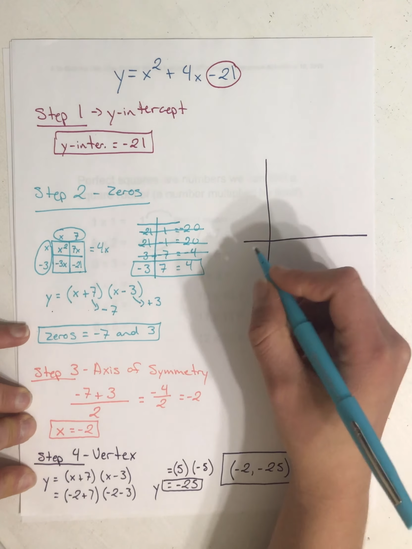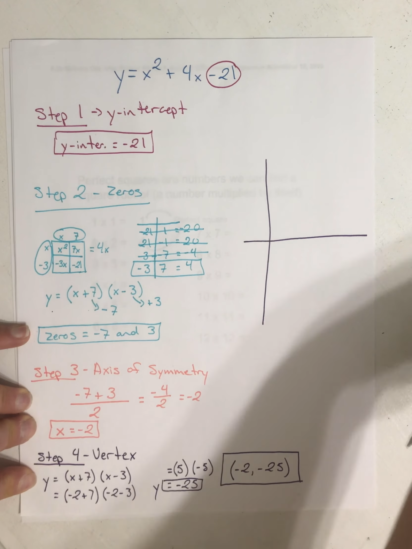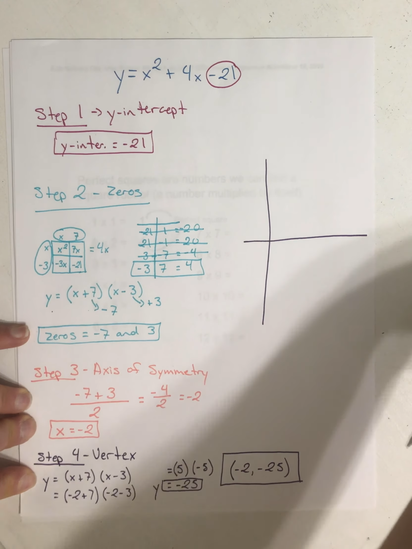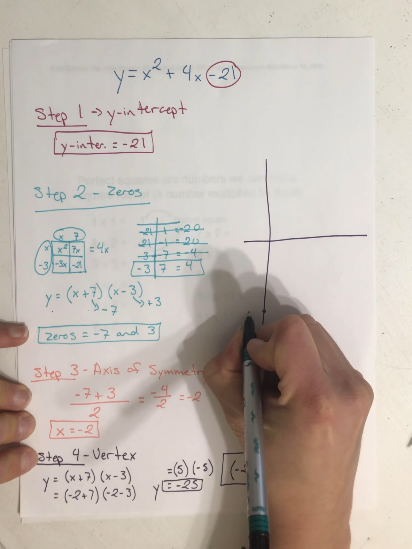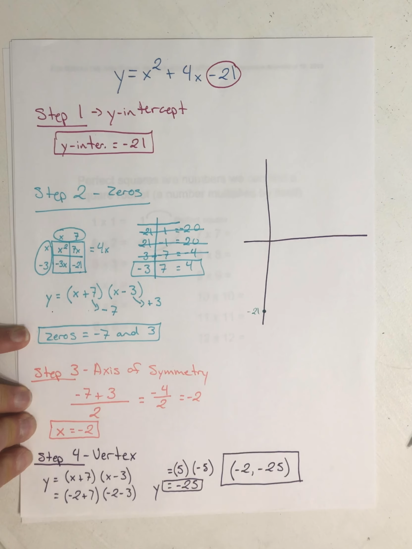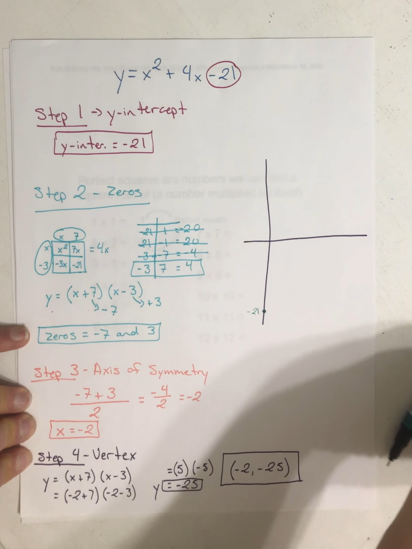Our y-intercept is at about -21, so we'll just say that's right about here. And our zeros are at -7, so we'll go about down here for -7 and 3. There. And then our axis of symmetry is at -2.